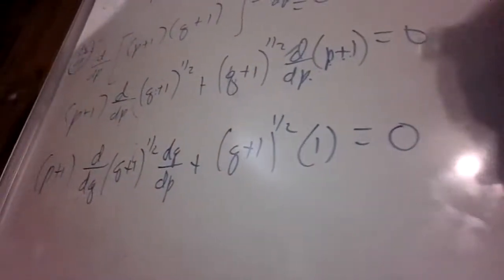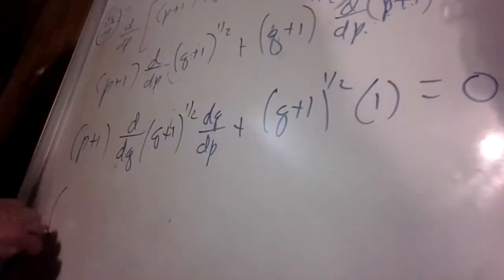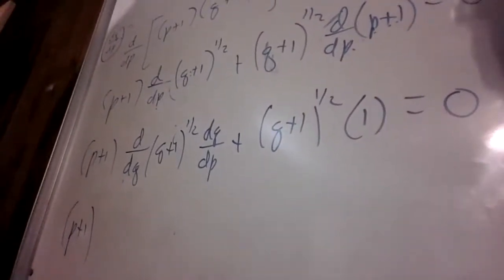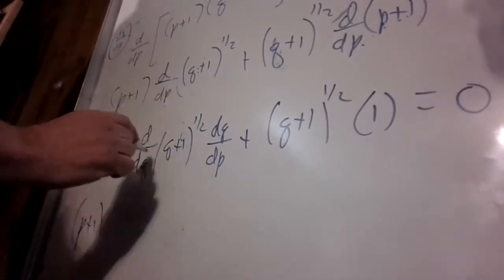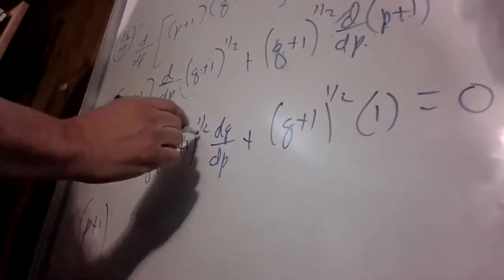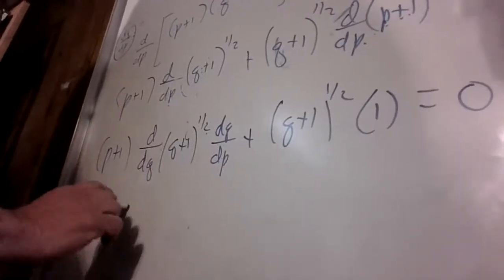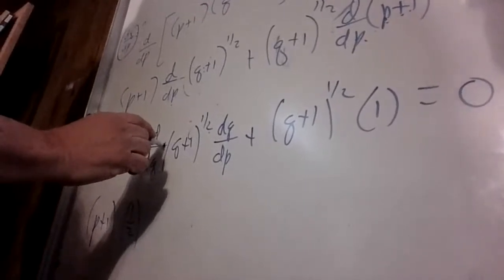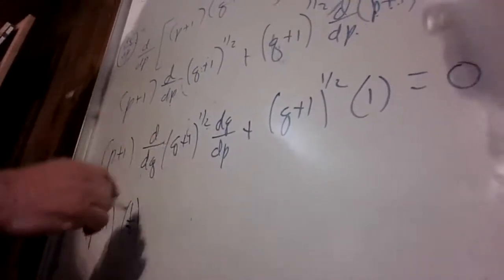Now here I have a chain rule. Okay, well, let's just do the chain rule. All right. Chain rule says take the number out here, which is 1. Take the power, multiply by what's in front of that, and that's 1.